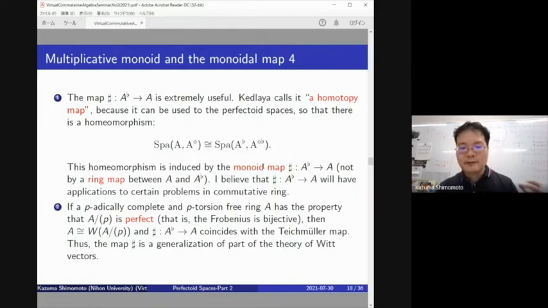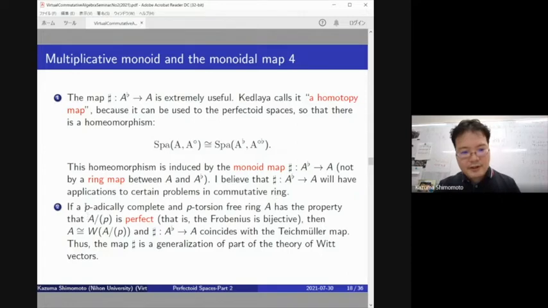So usually if you start with a ring homomorphism from A to B, then you can define the corresponding map on affine schemes. Well, this Spa map is also similar to that situation, but the only difference is this doesn't come from any ring map. So here's also, I think, the reason why we should consider the monoid construction.